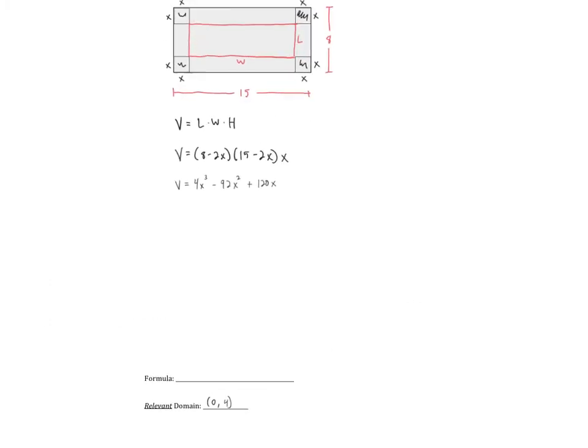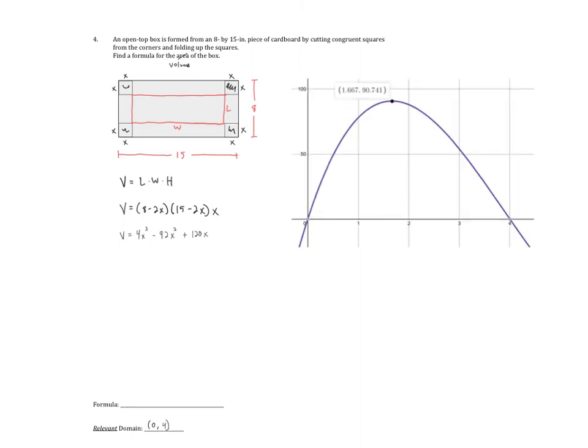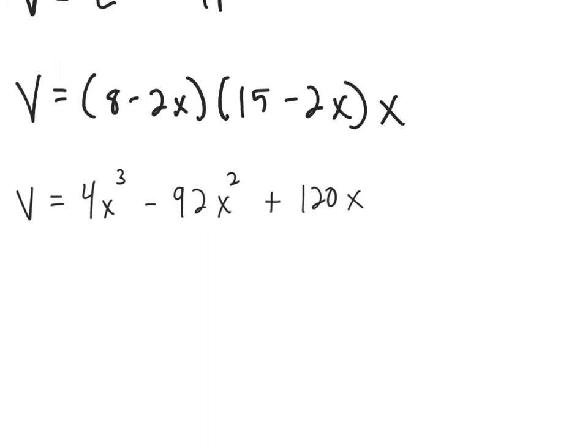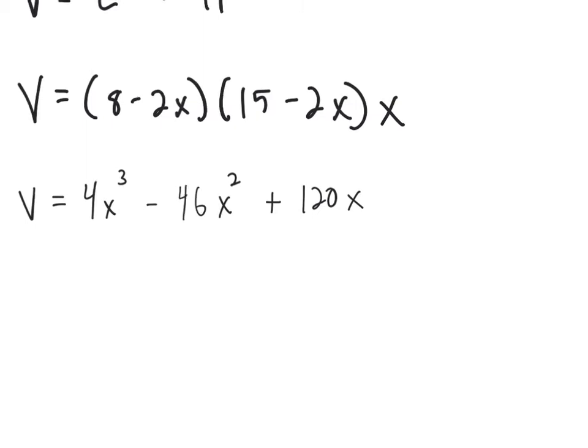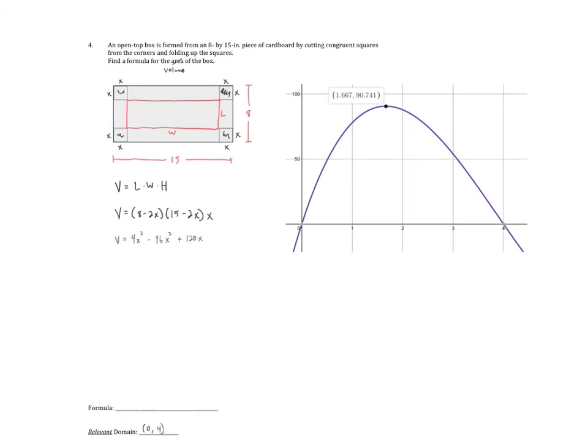Okay, so let's graph it on that relevant domain and see what we have. First off, I made a mistake. This should be 46 instead of 92. Okay, and then that's what I graphed. So we graph that on the relevant domain from 0 to 4.